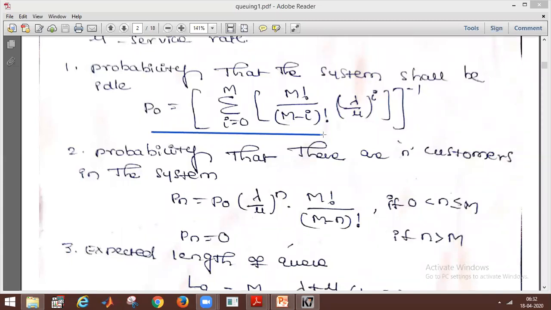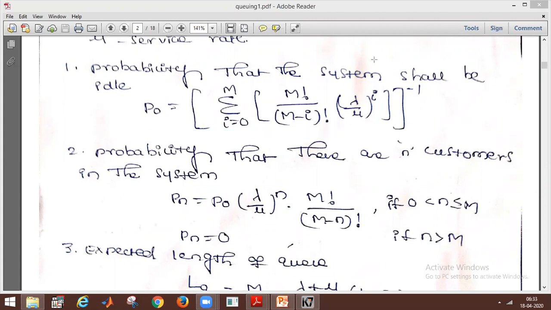summation I is equal to 0 to m, of m factorial by m minus I factorial into lambda by mu power I, whole power minus 1. So this formula you have to use.